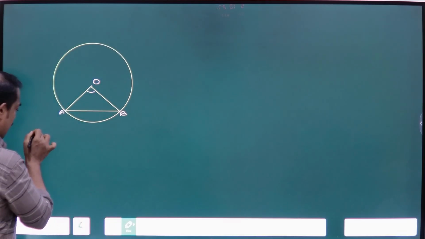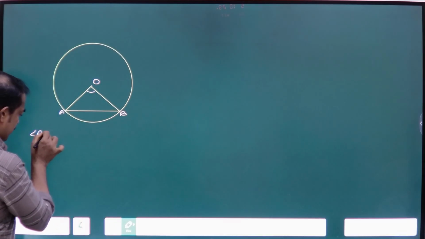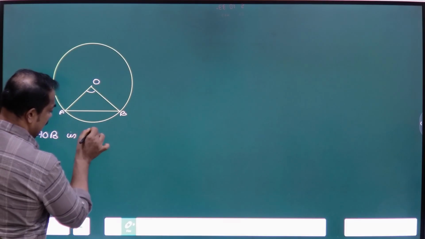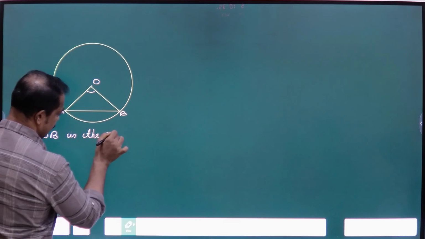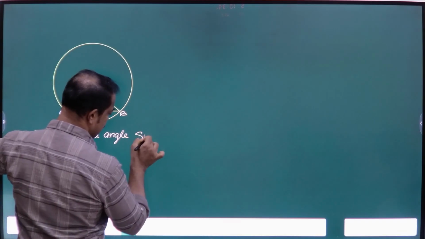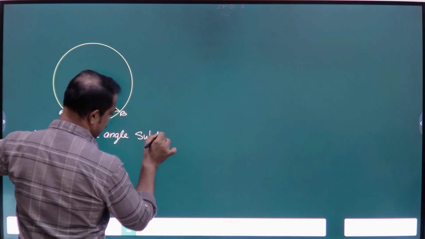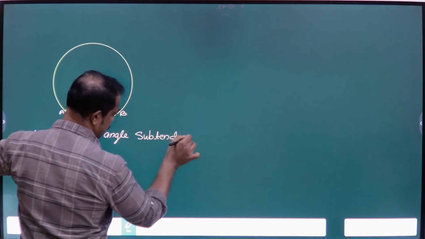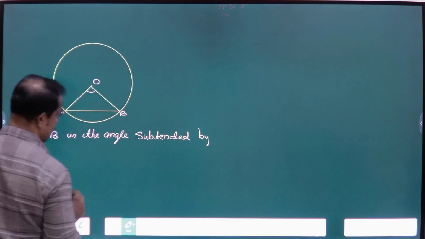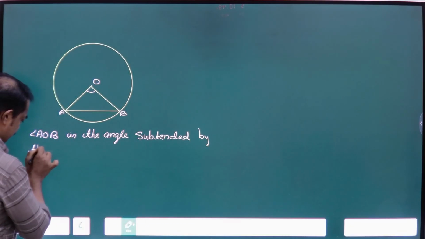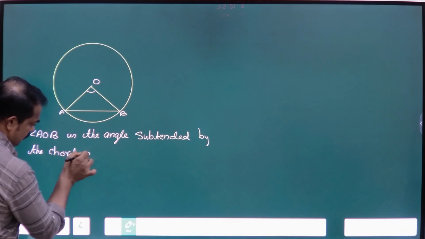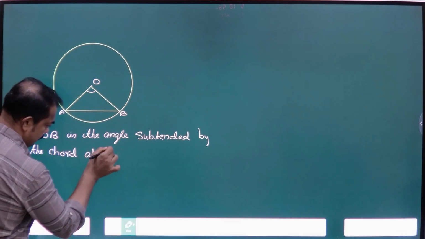So write down: angle AOB is the angle subtended by the chord at the center.